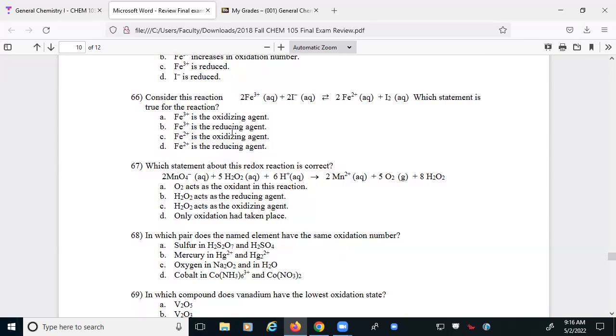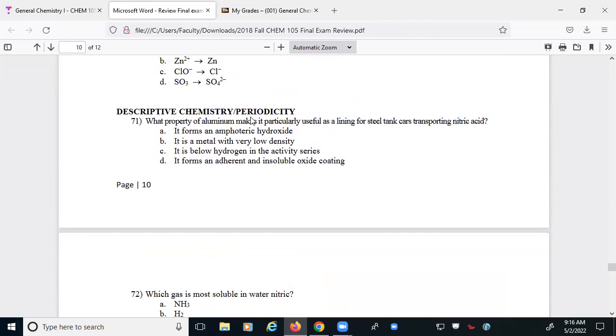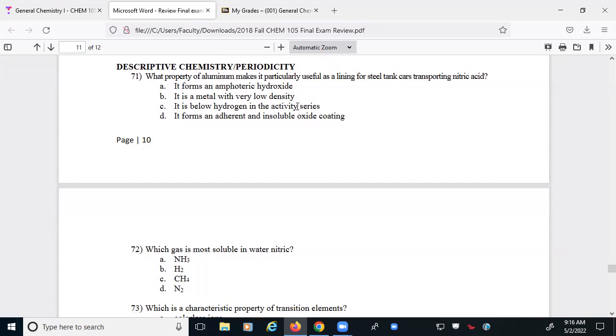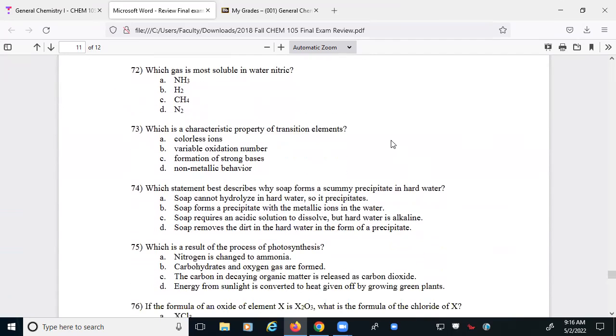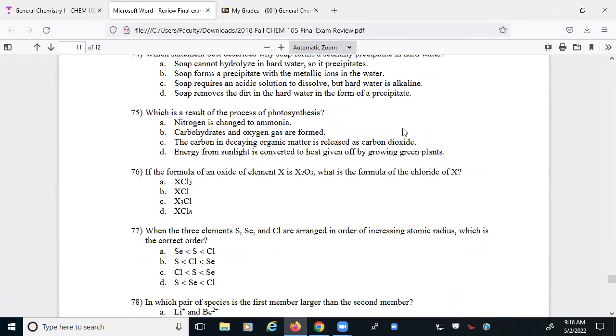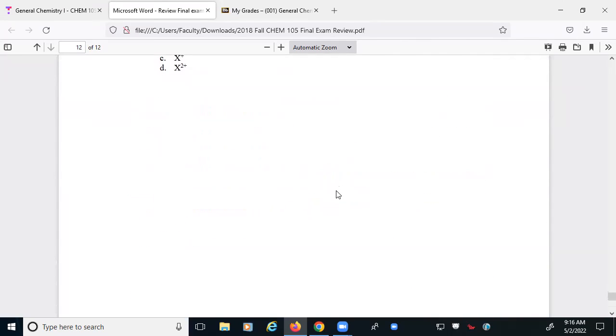Being able to identify oxidizing agents and reducing agents. And then just some general kinds of descriptive chemistry related to periodic properties, things that you might have seen in lab. So those are the subcategories.